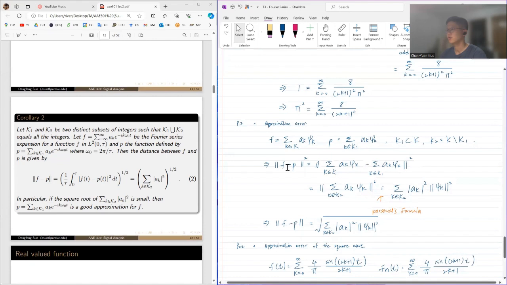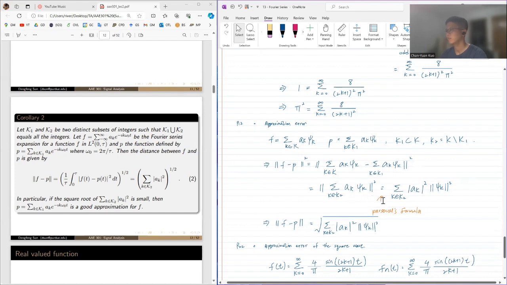So now we substitute the expression of f and the expression of p into this error equation, and you will see that what we will be left with is going to be the summation of alpha k times psi k, and k is in this kappa 2 set. And kappa 2 set will be the kappa set excluding the kappa 1 set.